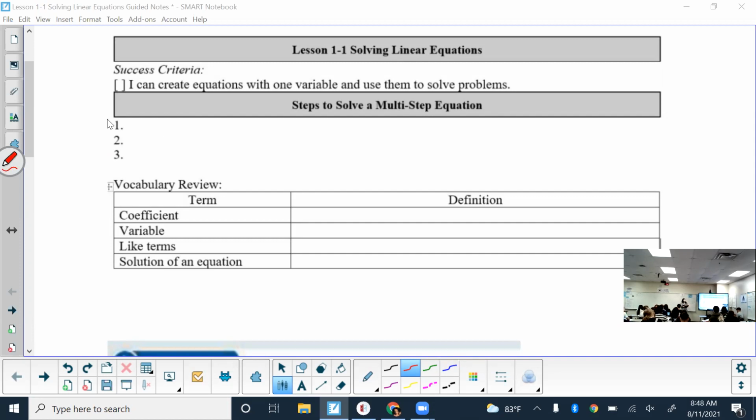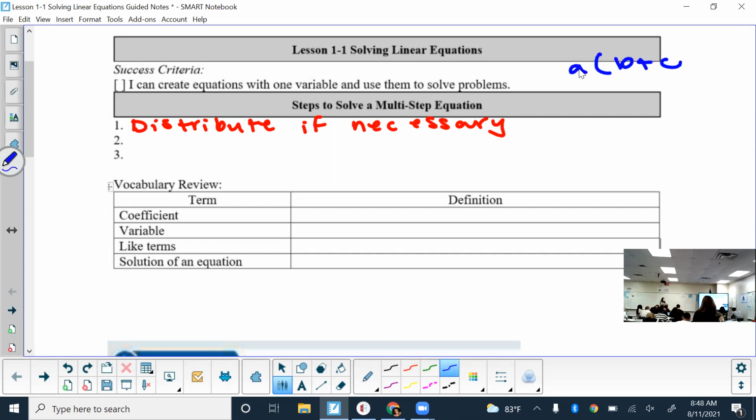So number one, or step one, is to distribute if necessary. All right, so if you see numbers in the format that we need to distribute, I'll write it up here with letters just because it can be really any number.